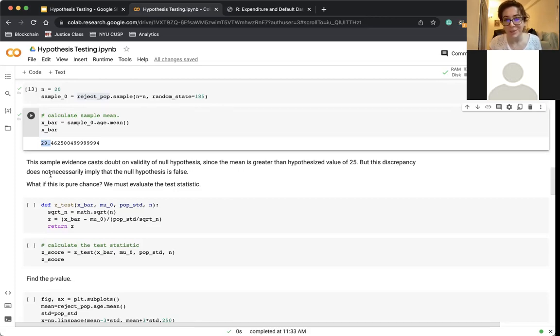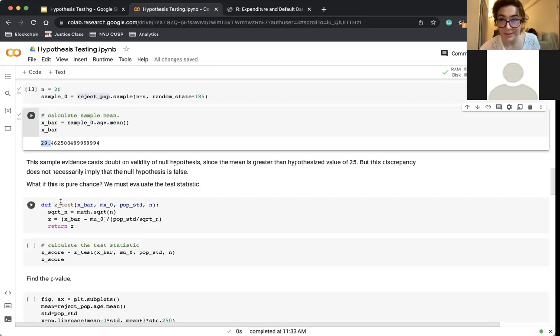What if this is just pure chance? Right. I don't think it's big enough. I think if it was maybe 7 or 10 years, then I would say, but barely 5 is not old enough. You're right. And we can use statistics to bring your intuitive response and bring that to a quantitative response.